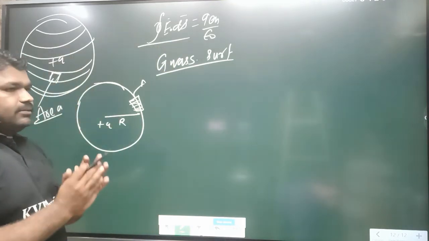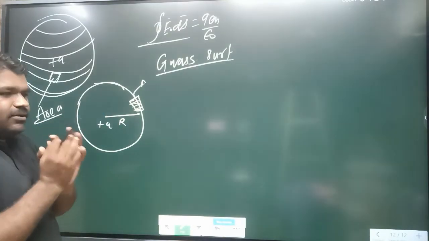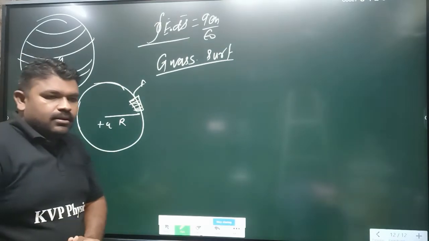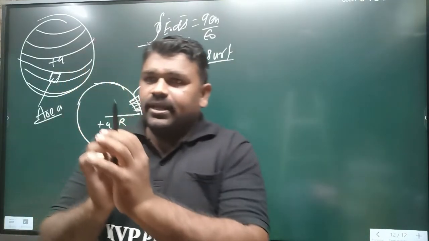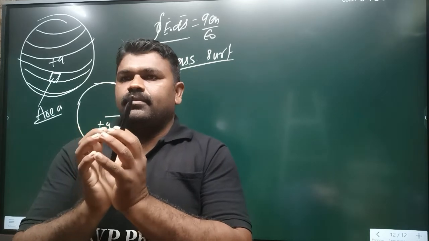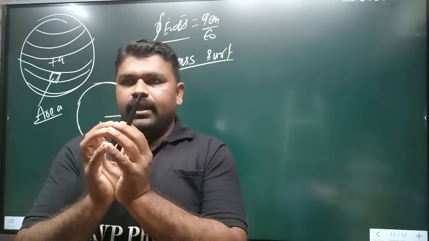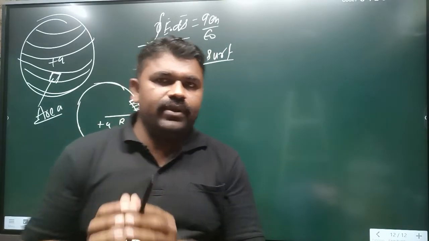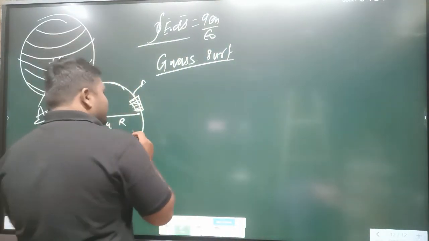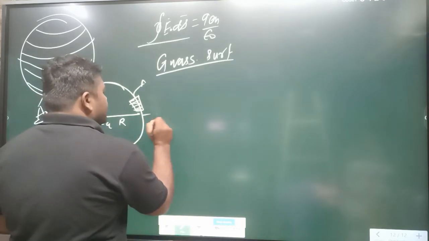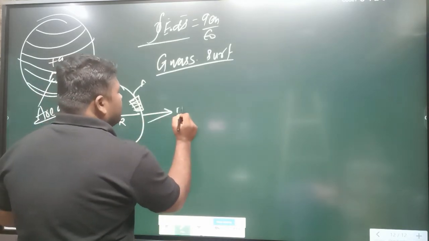Rays are emitting from this one. Yes or no? Flux is emitting from this source. This one is a sphere. What is the direction of the rays, or the flux direction here? Radial, or normal to the surface. Yes or no? Means what is the direction of flux? Same as the direction of the electric field. Suppose we consider this one as the electric field direction.